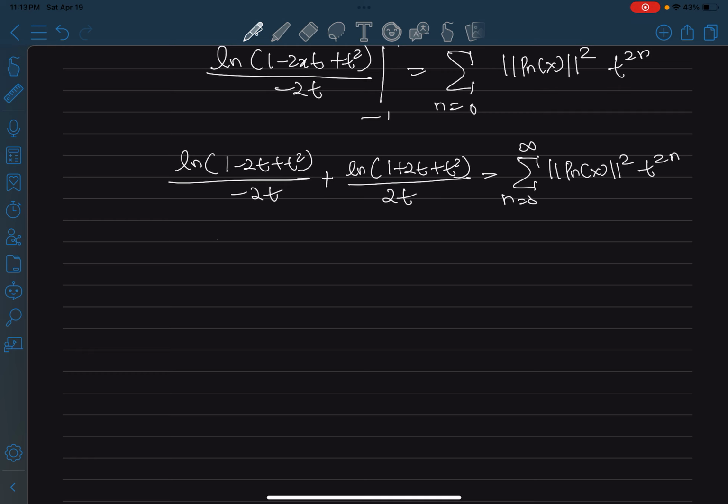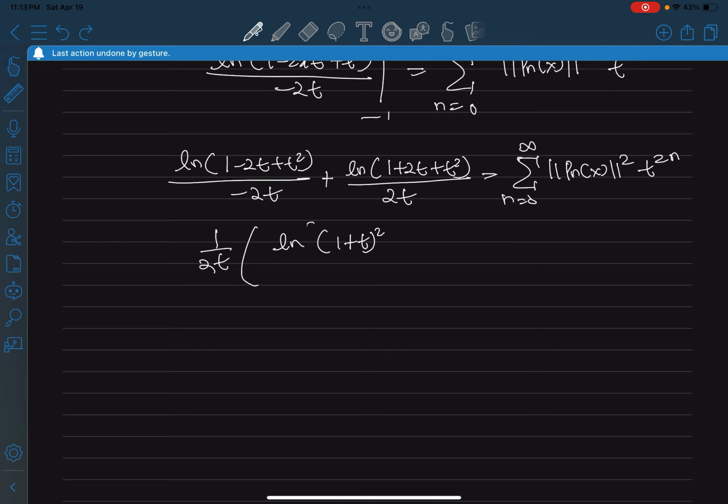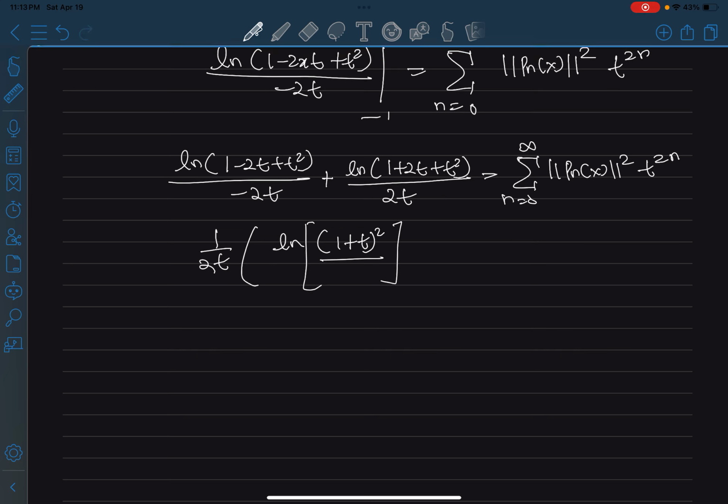Now we can take 1 by 2t common, and this becomes ln of 1 plus t whole square, and I can take that in division by 1 minus t whole square. I'm just using rules of log over here. So I took this first and divided by that, because log of a by b is log of a minus log of b, right?